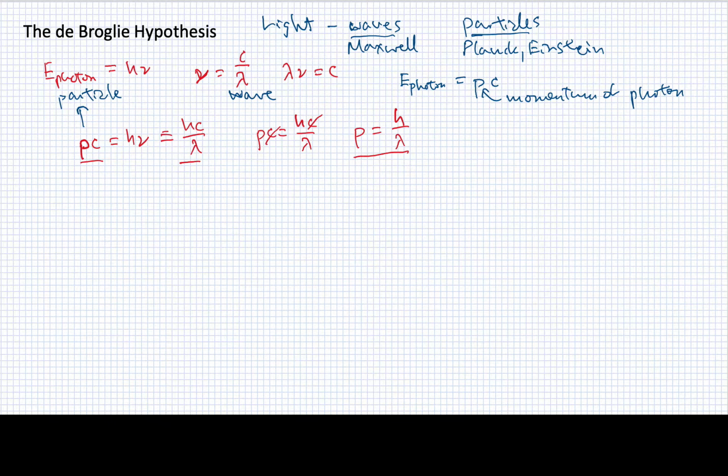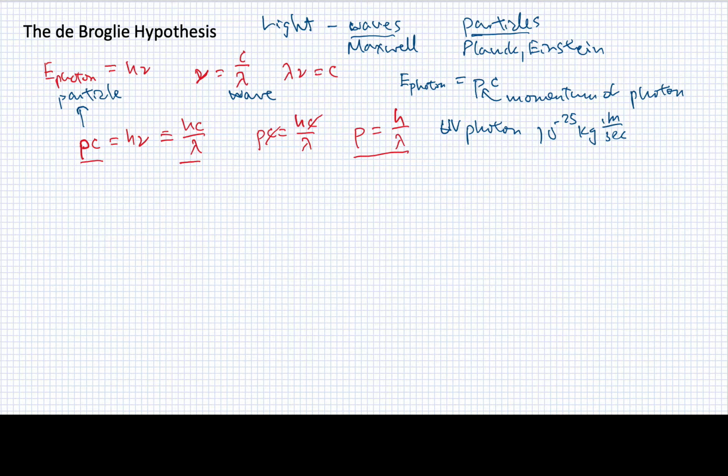Now, in case you're wondering about the order of magnitude, an ultraviolet photon of light would have a momentum on the order of 10 to the minus 25 kilogram meters per second.